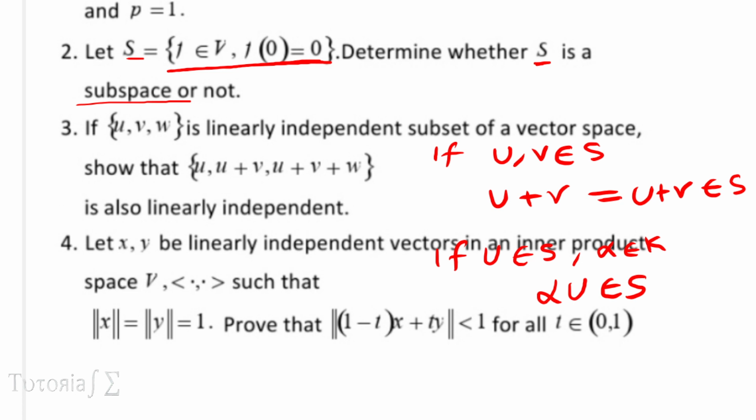Are you getting this? Yes. So these two conditions, all of them, have to be satisfied.